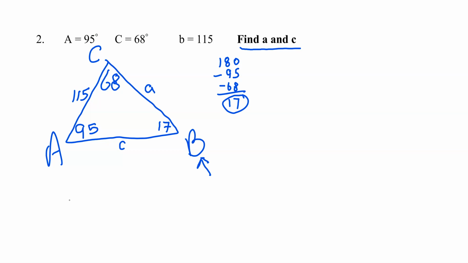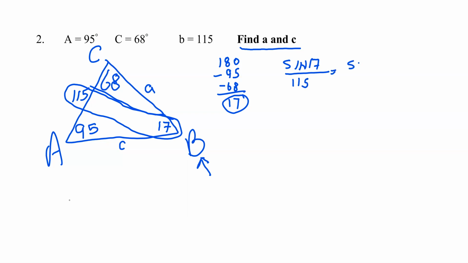So now we can work this out because now we've got a winning pair, right? We've got an angle and a side opposite it. So law of sines. And I think the first one I'm going to do is here, sine of 95 over a. So we're going to solve this by cross multiplying.